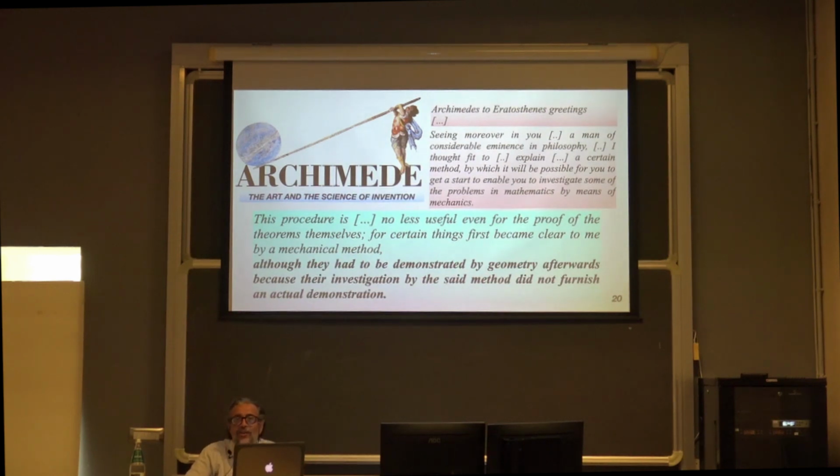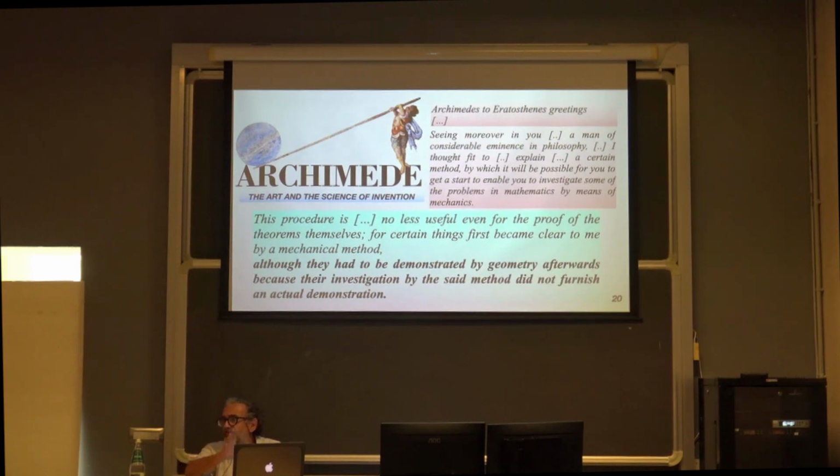Archimedes to Eratosthenes, greetings. I sent a letter to Professor Paul Germain, Monsieur le Secrétaire Perpétuel. So nothing is changed. Seeing moreover in you a man of considerable eminence in philosophy, I thought fit to explain a certain method by which it will be possible for you to get a start to enable you to investigate some of the problems in mathematics by means of mechanics.